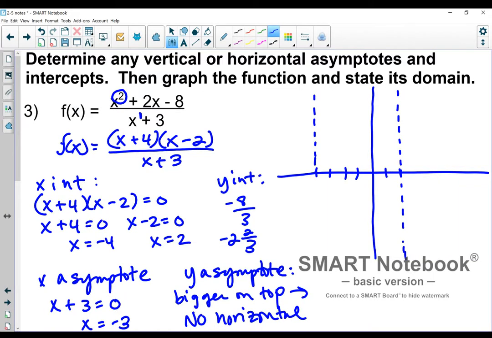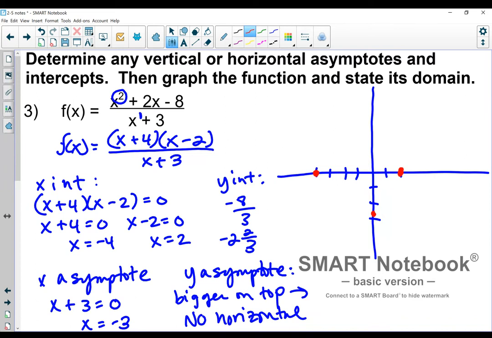Oh no, wait a minute, those were our x-intercepts, shoot. All right, let's start over. This happens, right? So let me go ahead and mark 2 and -4 so I don't forget what I'm doing. And while I'm at it, let's do our y-intercept at -2 and 2/3.